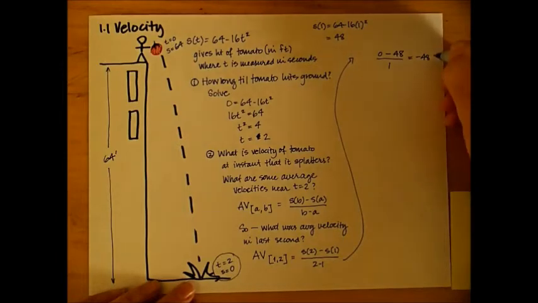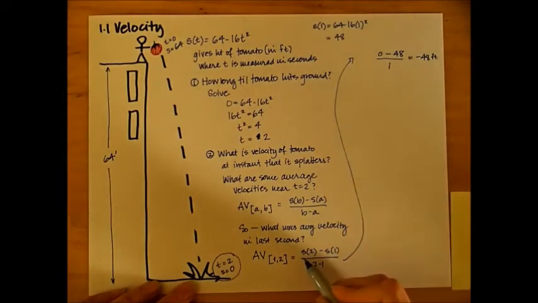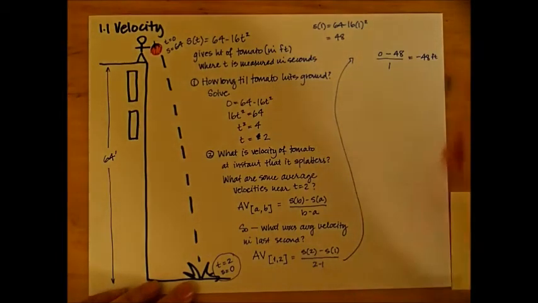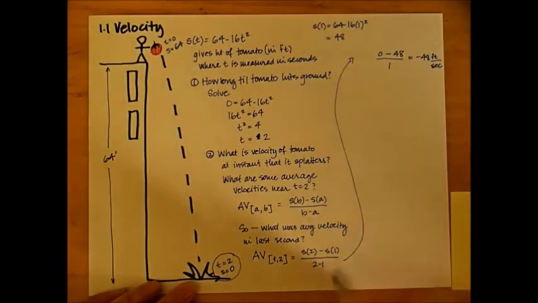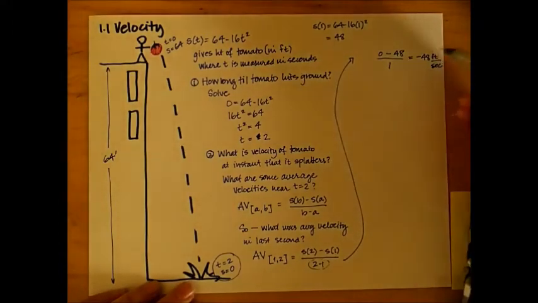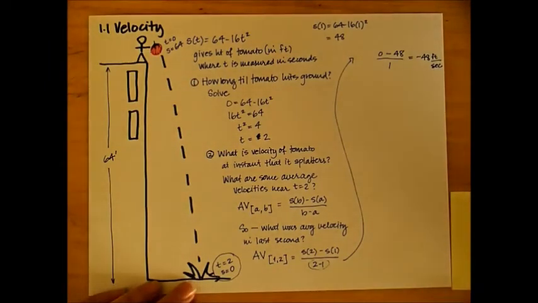And this is going to be in feet per second, because that's what s is measured in, and these times are measured in seconds. So negative 48 feet per second. It's negative because the tomato is falling. It's not going up. So there we have the average velocity over the last second.